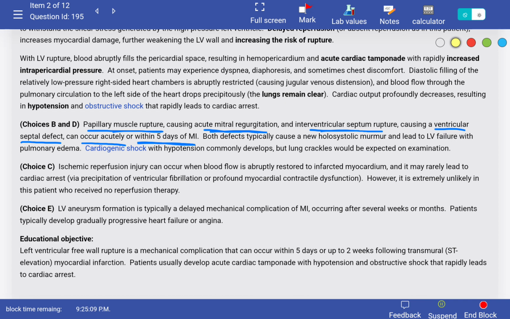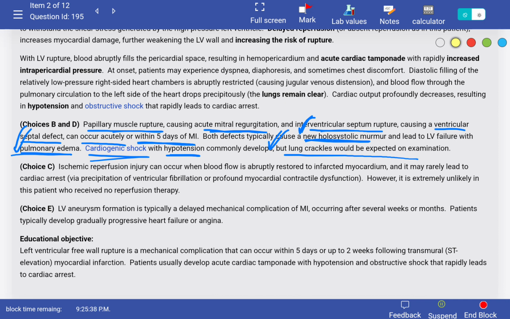Both defects typically cause a new holosystolic murmur and lead to left ventricular failure with pulmonary edema. Cardiogenic shock with hypotension commonly develops, but lung crackles would be expected on this occasion. But in this case, they have not mentioned such things.